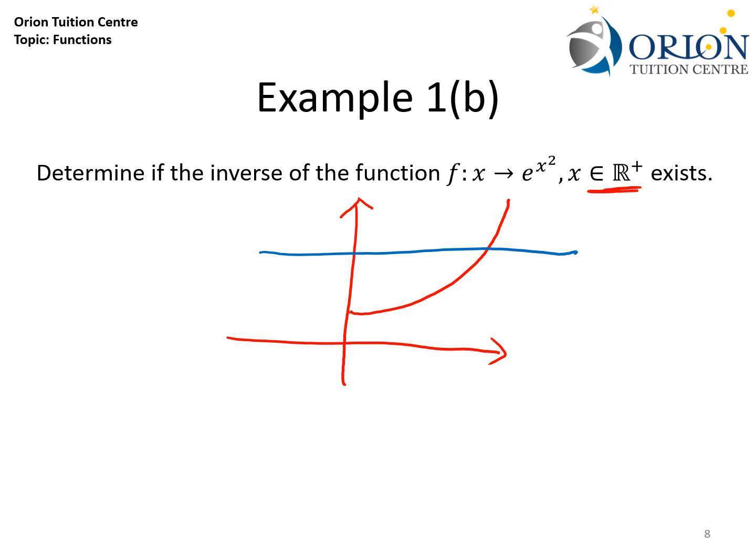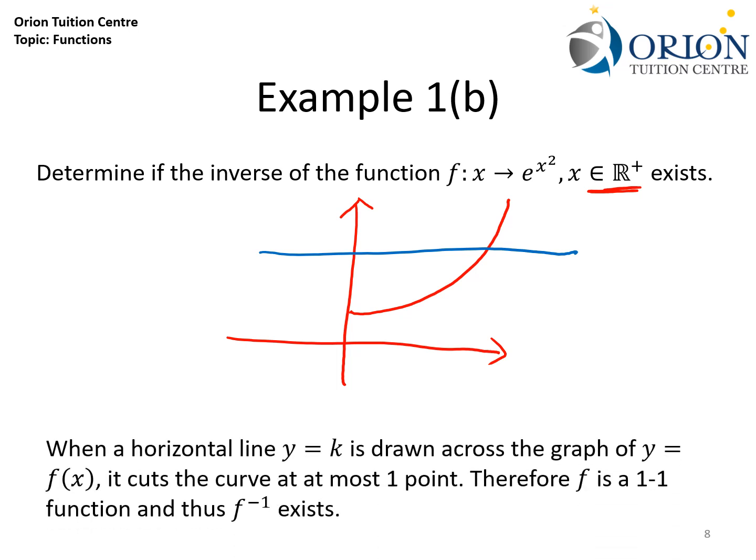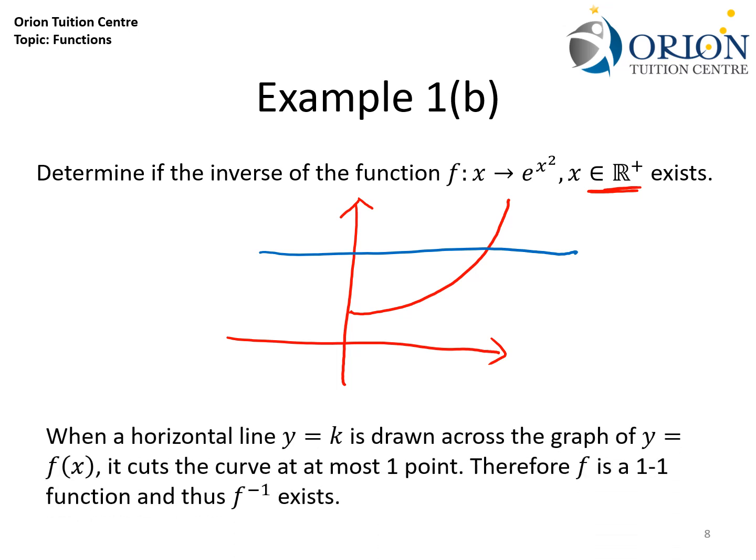And we can conclude that this function f, because of its new domain, becomes a 1-1 function and therefore its inverse exists. So we should conclude the proof by adding this following statement. This example also illustrates that although the definition of the function can be the same, the domain will actually play a role in determining whether the inverse exists or not.